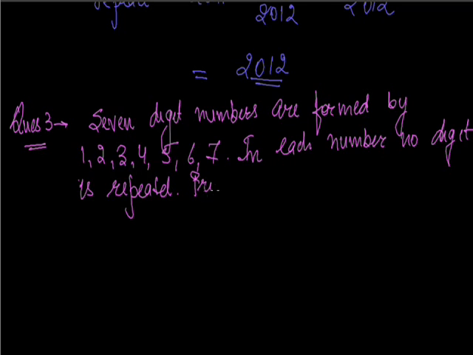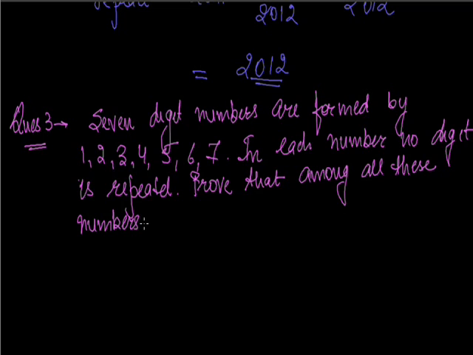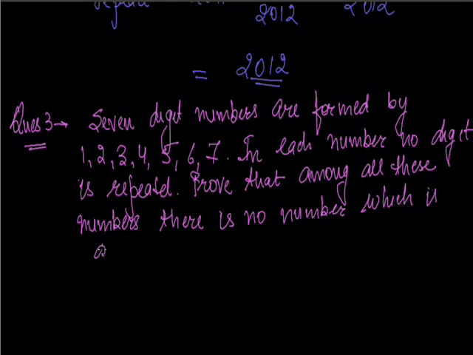So we have to prove that among all these numbers there is no number which is a multiple of another number. I am repeating the question.